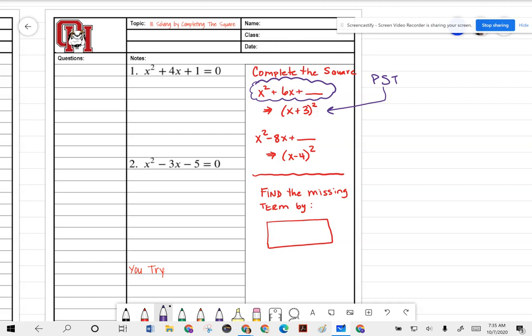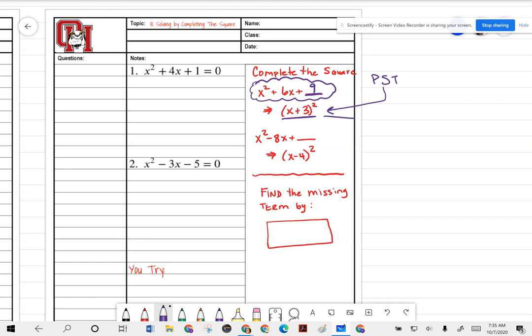So the idea is we will know the b term, the middle term, but we've got to add something to both sides of the equation so that it becomes a perfect square trinomial. If our answer is ultimately going to be x plus 3 squared, then we notice this last term is going to be a 9.